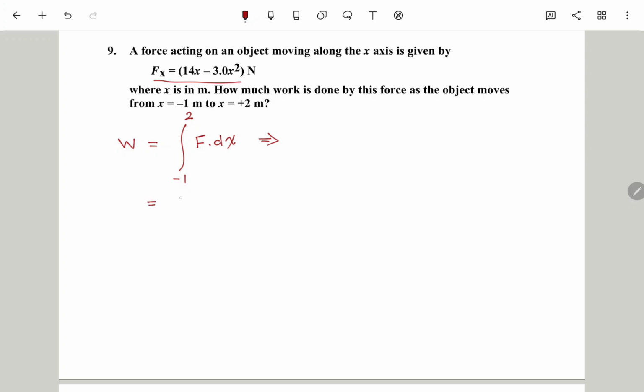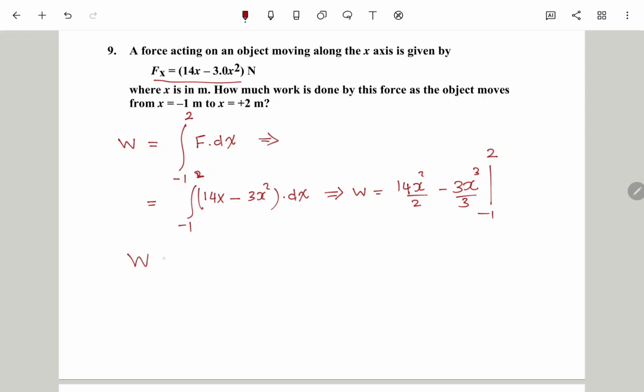Now you integrate this. You will find the integration from -1 to 2 of 14x minus 3x squared dx. Work equals 14x squared over 2 minus 3x cubed over 3, from -1 to 2.